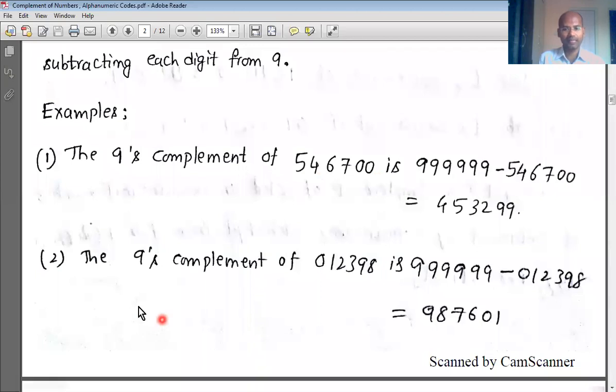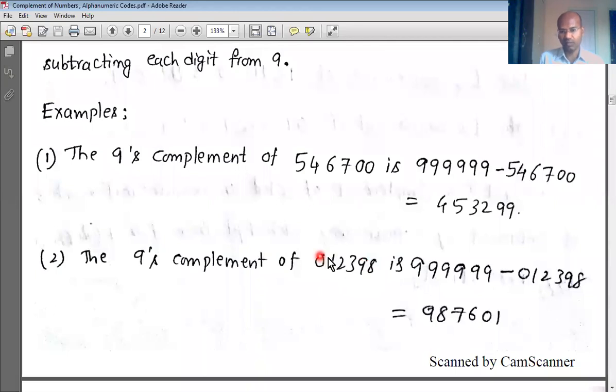In the same way, take up the next example: the 9's complement of 012398. This is the number given, and we have to find its 9's complement. The first step is to count the number of digits present in the given number: 1, 2, 3, 4, 5, 6.